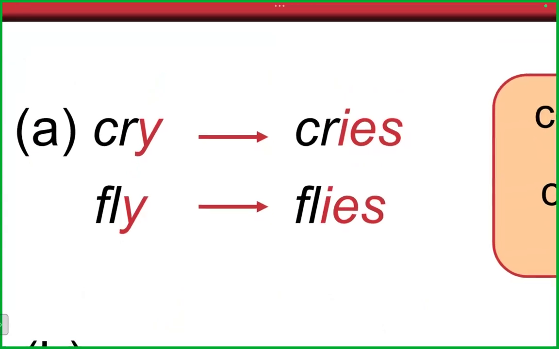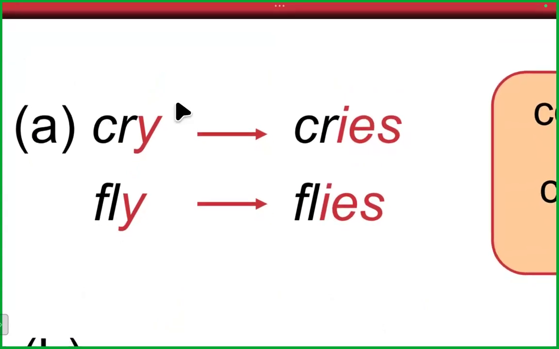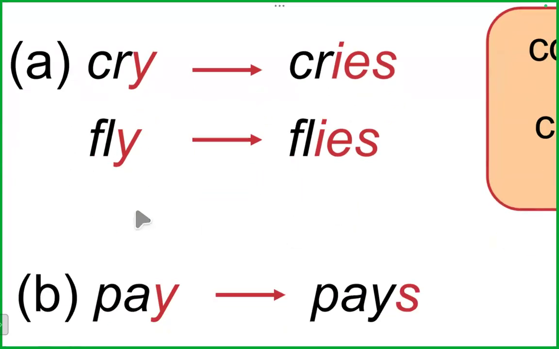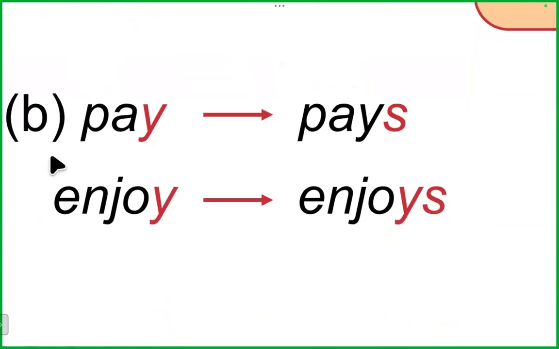When we work with the third person, we have the second rule: we drop the letter Y and then we add the suffix i-e-s. So we say cry, cries, or fly, flies. This is rule number 2. And this is rule number 3. Can you see it?